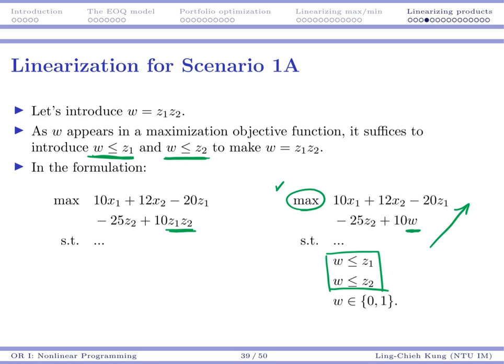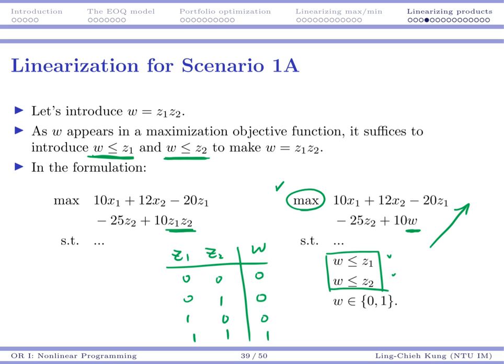Then what does that mean? Well, if Z1 and Z2 take different values, then as long as W is upper bounded by both of them, here it will be 0, 0, 0, and 1. Only if both of them are 1, then you may have your W to be 1. So I hope that makes sense.